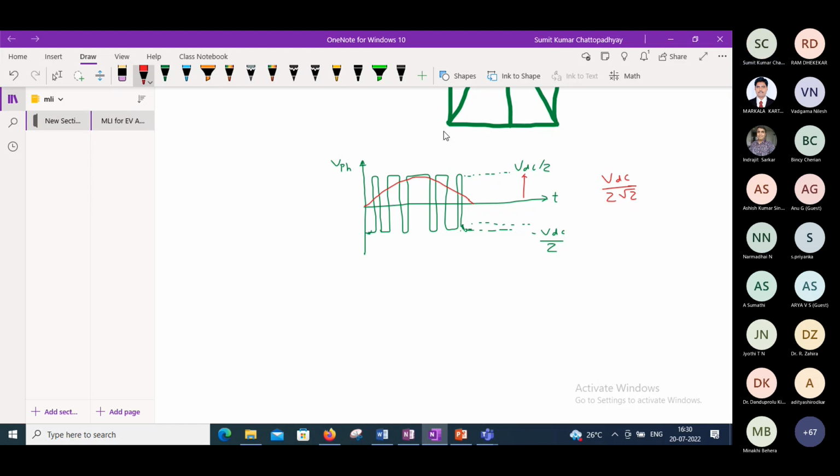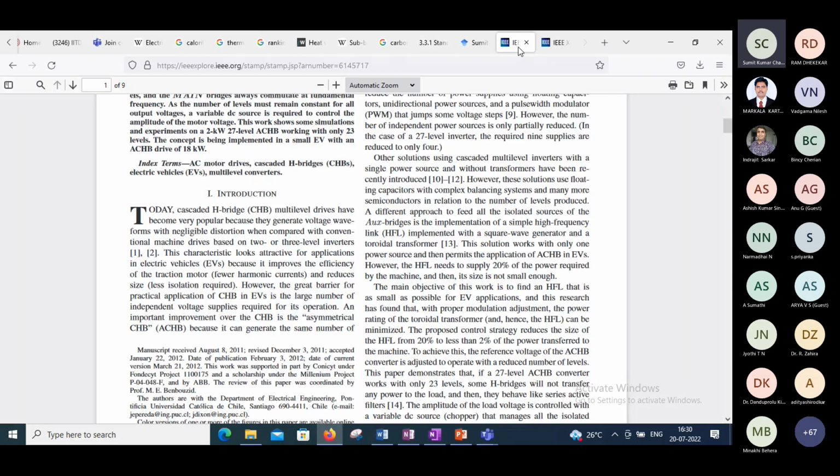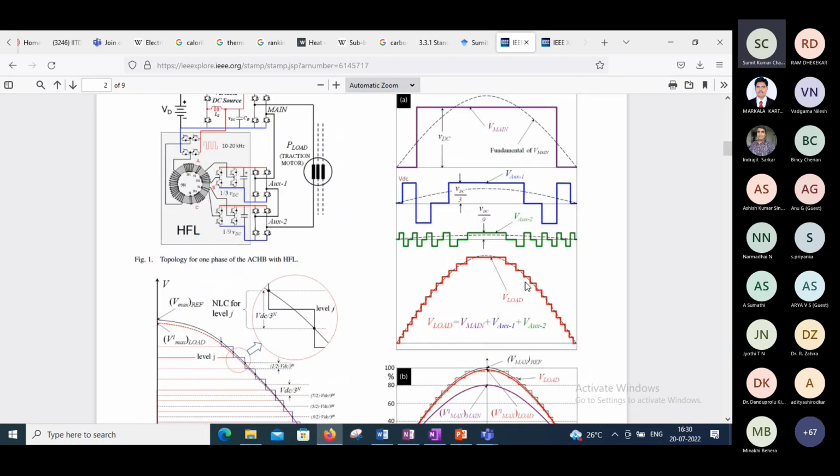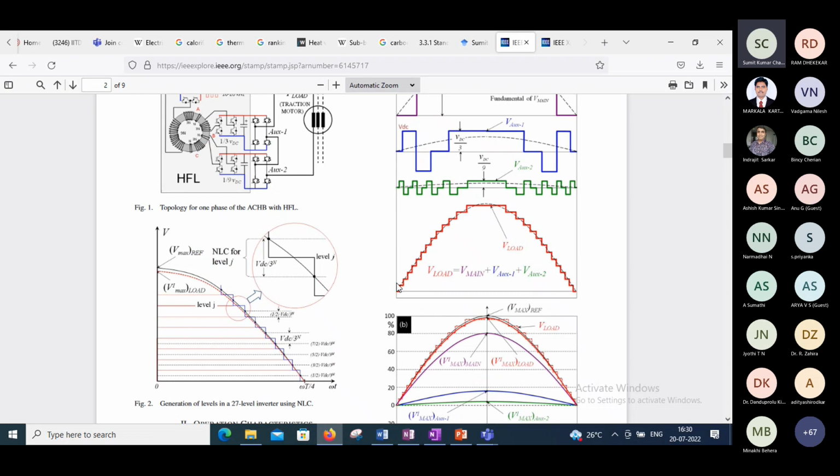On the other side, when we have high frequency switching like this, it requires a special core. A normal CRGO core cannot take care of it. When you have a closely approximated sine wave, due to the high number of levels at the output, like what is shown in this paper, a kind of output you can see here, since it is a very close approximation of the sine wave, the normal CRGO core itself can be sufficient to serve as a filter.